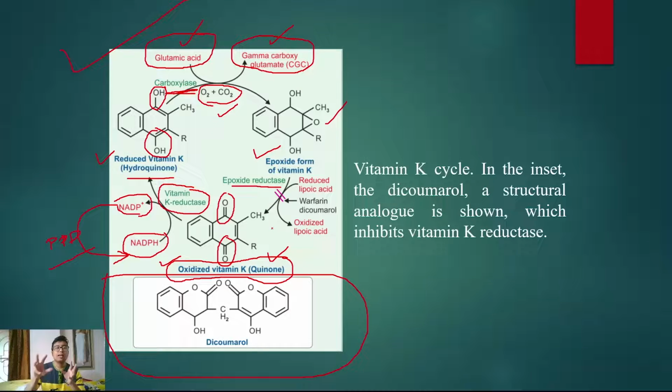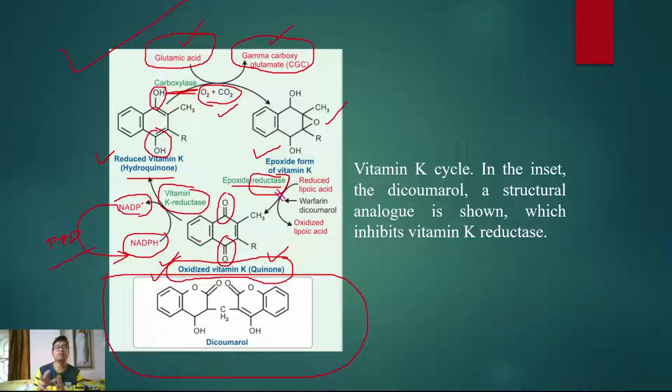Okay, remember, the name epoxide reductase is a parody. If you look at it from an enzymatic and chemical point of view, it is a reductase enzyme which is basically making an oxidized form. Make no mistake, we are making an oxidized form from an epoxide, which is a further higher oxidized form.